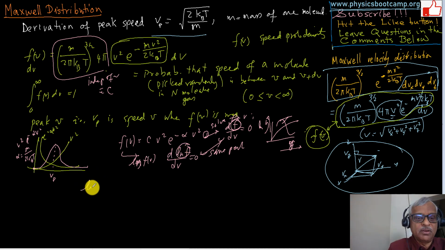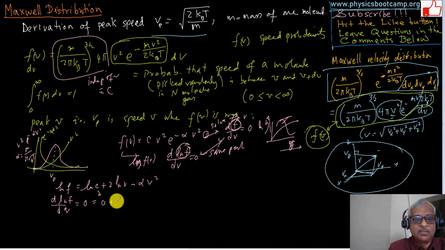So I've got log of f equals log of c plus 2 log of v minus alpha v squared, and d log f/dv equals 0. The first gives me 0, the second gives me 2 over v, and the third gives me 2 alpha v, and that's set equal to 0.